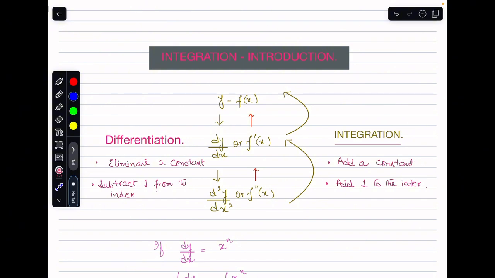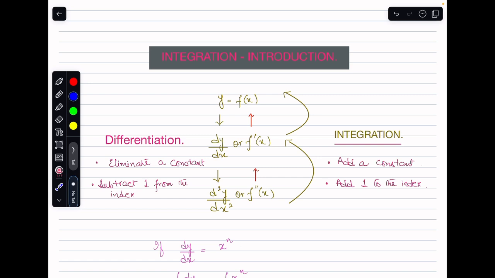So this is basically the difference between differentiation and integration. Integration is also called the antiderivative, or the reverse process of differentiation; this is all that we should be calling integration here.